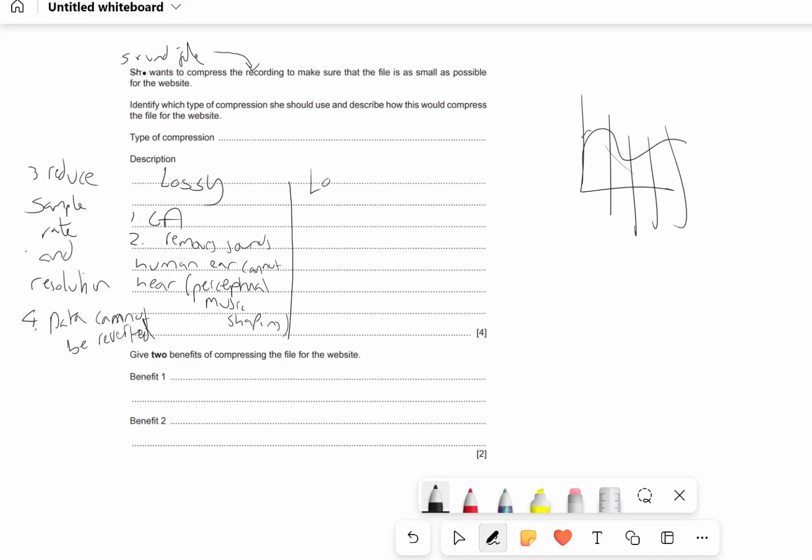Or you can choose lossless, where, guess what, a compression algorithm is used. How this works is it looks for repeated patterns. These repeated patterns, so similar sounds, are turned into numbers.